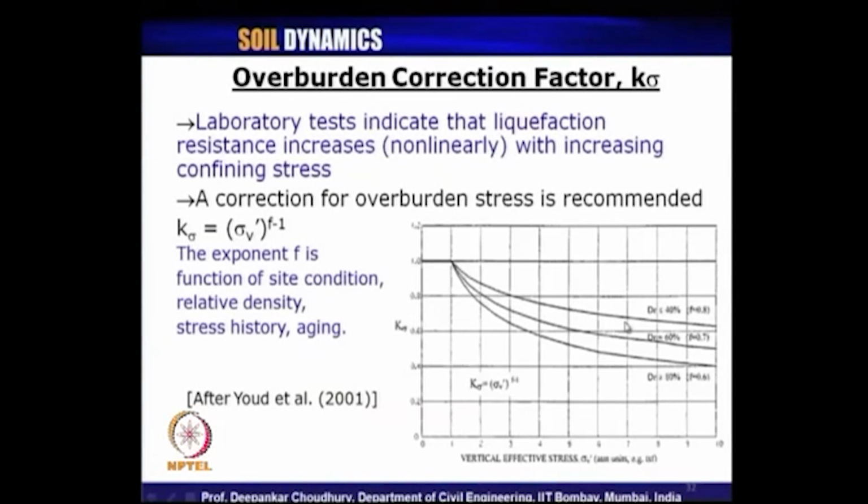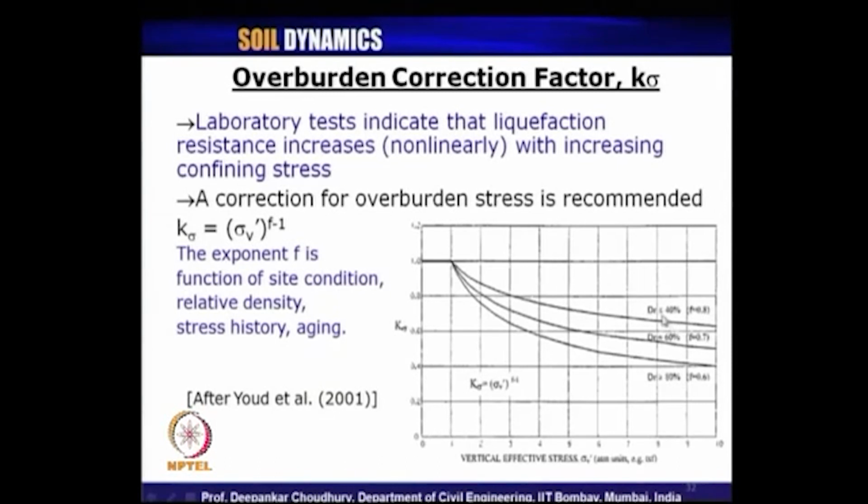And it depends on various values of f. F is calculated depending on different values of Dr. Dr is the relative density of the cohesionless soil. So, here the ranges are given: for Dr less than or equal to 40%, the coefficient f should be used as 0.8 in this equation.